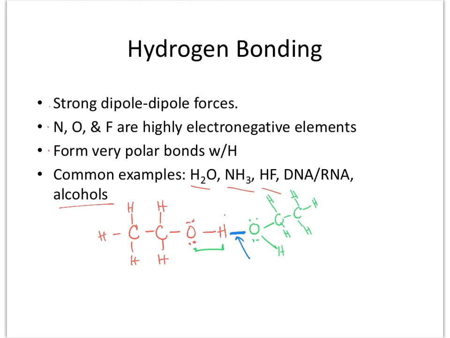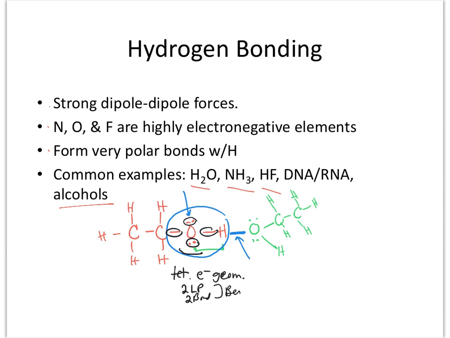And this region here would not be in a straight line. Let's think about the oxygen here. This oxygen has 4 electron domains. So it has tetrahedral electron geometry. But 2 of those are lone pairs. 2 lone pairs, 2 bonds. So the shape around this oxygen would be bent. It would be angular, like it is here. So it would really be like this.